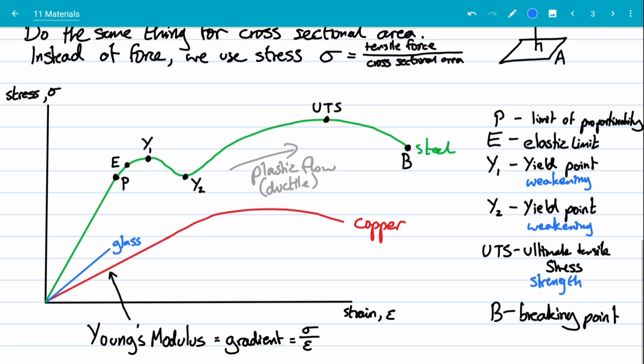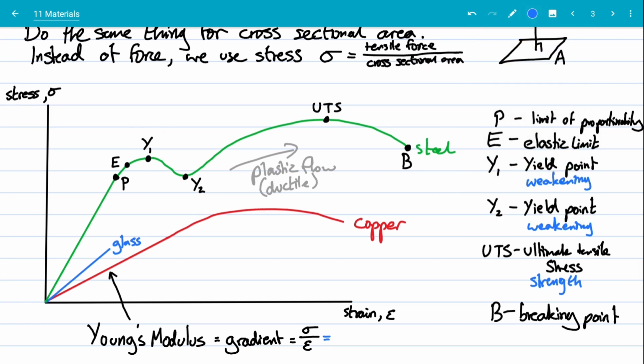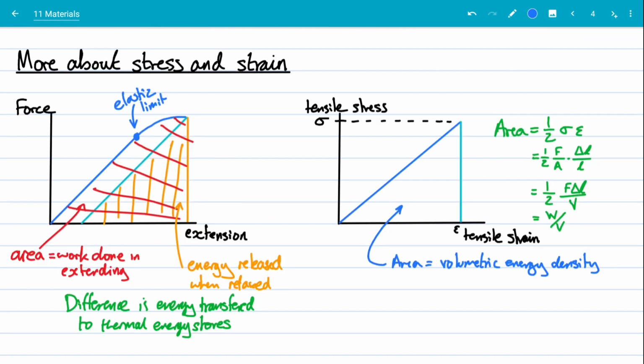Did I put that in the notes last time? No, I didn't. Let's say that is equal to E. That's not energy. That's just the symbol we use. I've put it in the notes for last time. So volumetric energy density, so that's equal to the work done in stretching it, and then we'll get that energy back out as long as we've extended it below the elastic limit, divided by the volume.